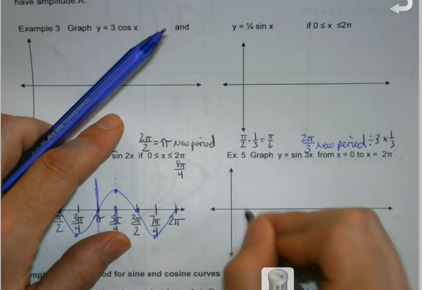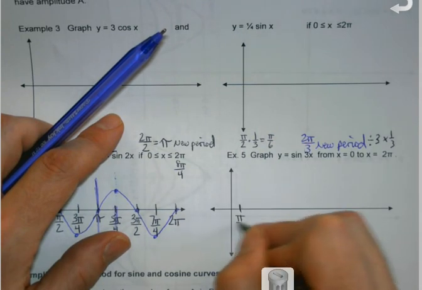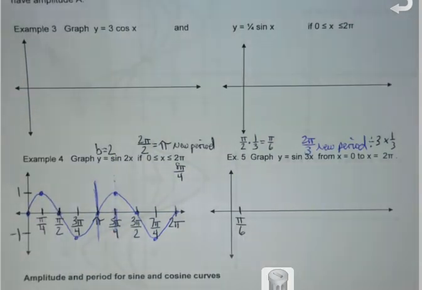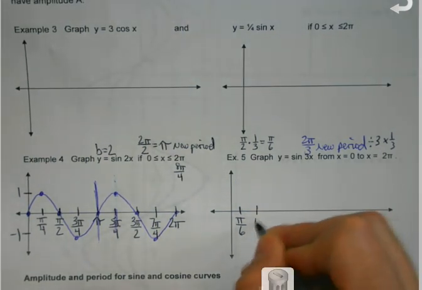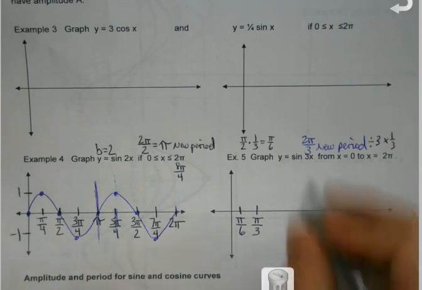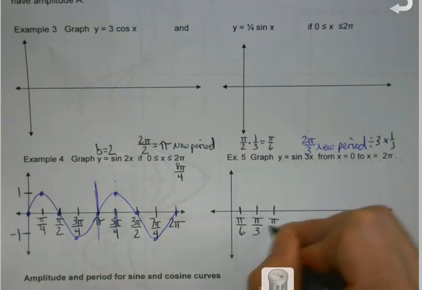Once I have that very first mark, I just start counting by 1/6, just like I would if I were in grade school. 1/6, 2/6, 3/6.